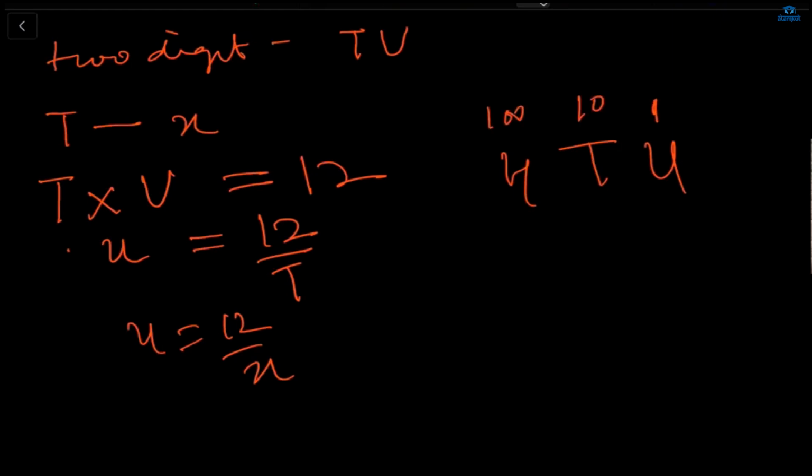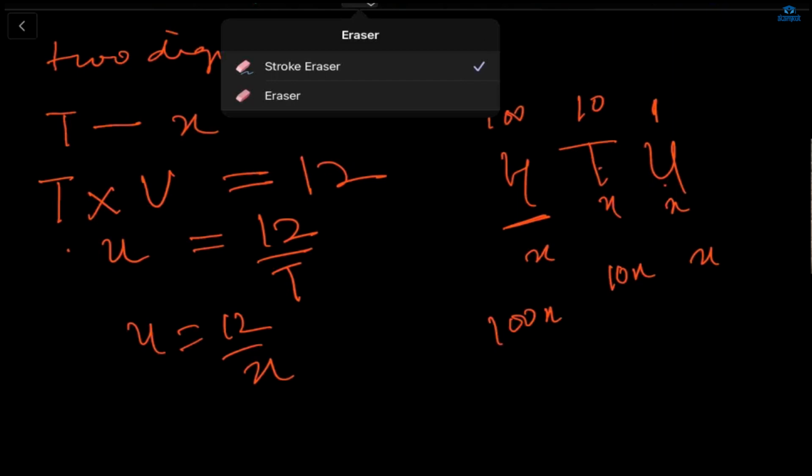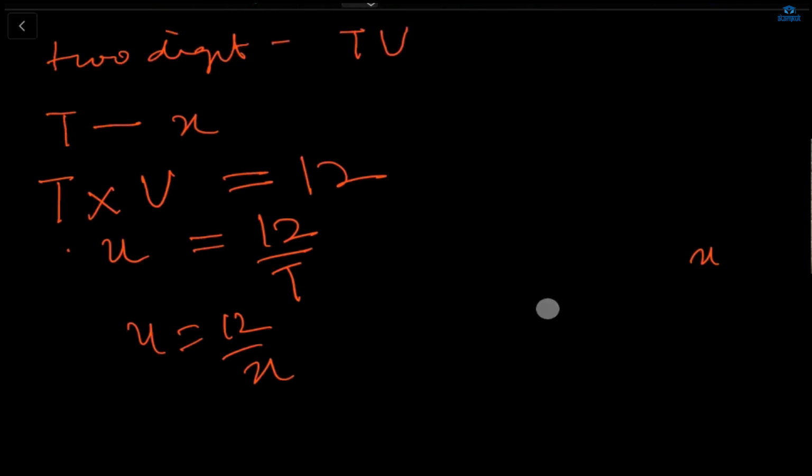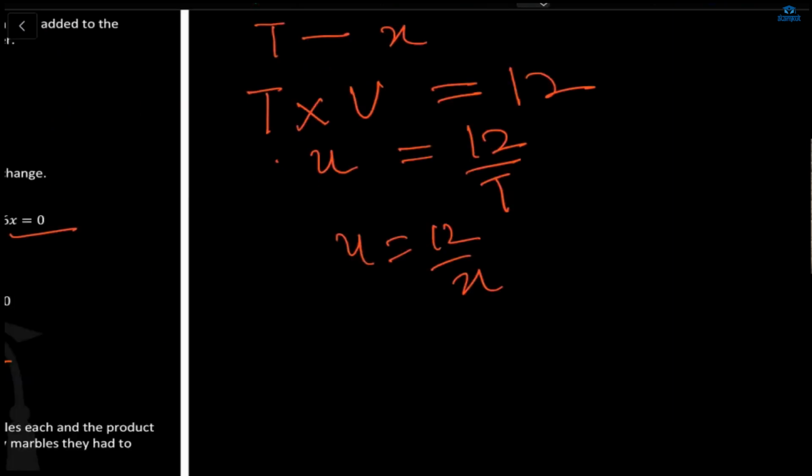If I assume the hundreds value is x, I will write 100x. If I take the tens digit as x, I will write 10x. If I take the units digit as x, I will just write x. So don't get confused about why 10 is multiplied here. Whenever you assume a tens digit, you always multiply it by 10. So according to that, it will be 10x plus 12 by x.